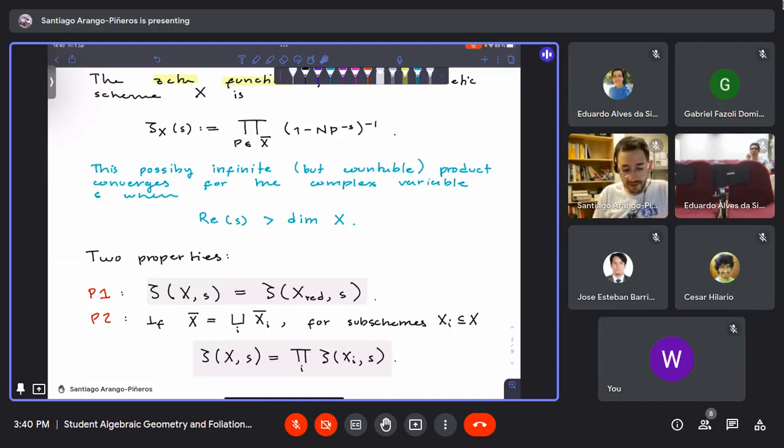Since the zeta function only depends on the set of closed points, this is true. Secondly, if I can write the closed points of my scheme X as a disjoint union of closed points of subschemes, then my zeta function is going to be the product over the zeta functions of this disjoint union.